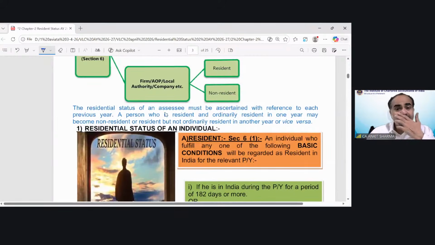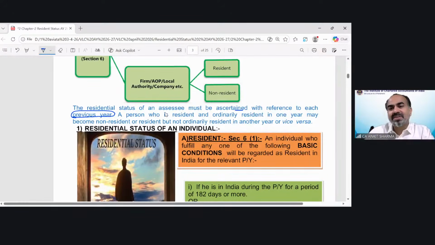The residential status of an assessee must be ascertained with reference to each previous year. So a person can be resident in this year, and could be a non-resident in next year also, or vice versa. So status can change every year.